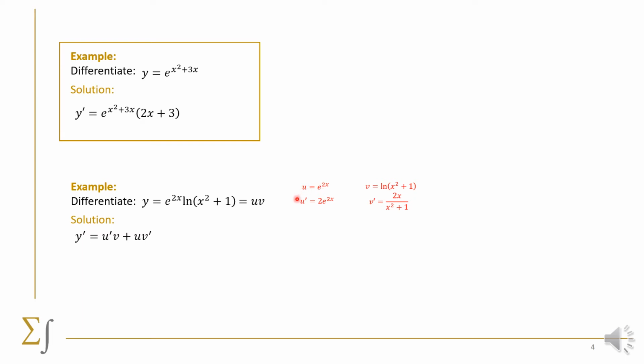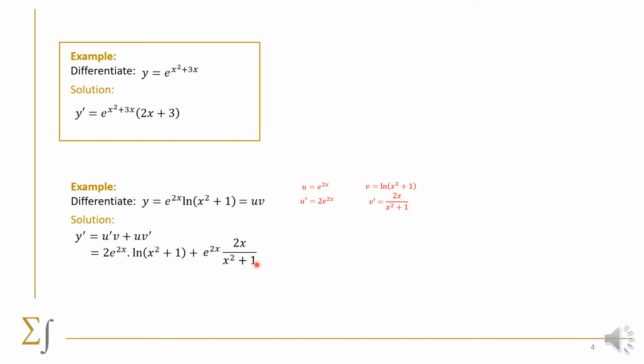We take everything here and go to the product rule and plug in u, u prime, v, and v prime. So we will get, for the first term, u prime, which is 2 e power 2x, times v, which is ln of x squared plus 1, plus u, which is e power 2x, multiplied by v prime, which is 2x over x squared plus 1.